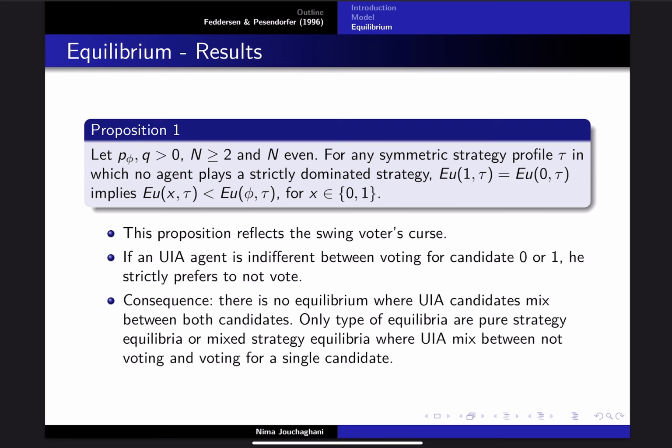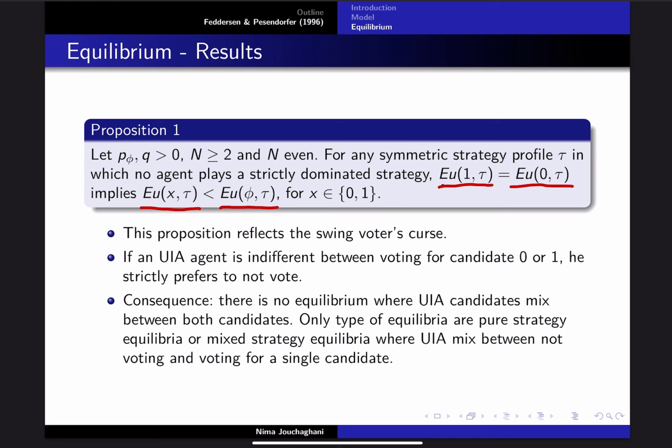If the expected utility of voting for candidate 1 is equal to the expected utility of voting for candidate 0, which means that this agent is indifferent between voting for candidate 1 or 0, this implies that the expected utility of not voting, so staying absent, is strictly larger than the expected utility of voting for any of the candidates.